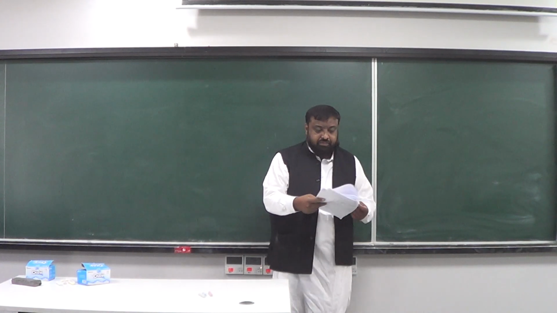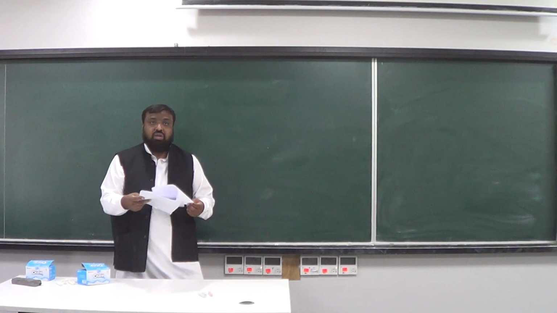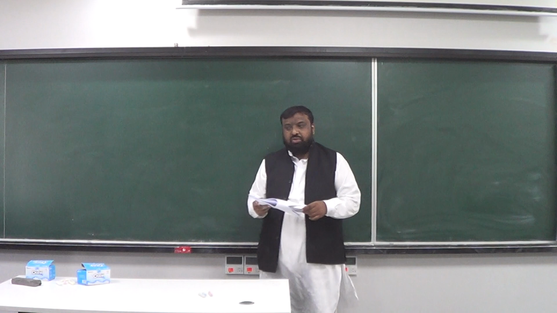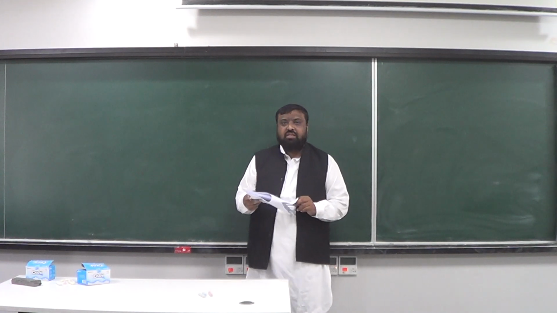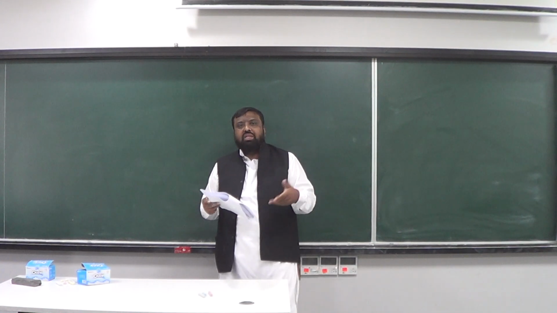Theory of probability. So what we will do today, we will carry on our discussion over the independent random variables. Yesterday, due to some technical reasons, I couldn't complete one example. So we will start with redoing that example.